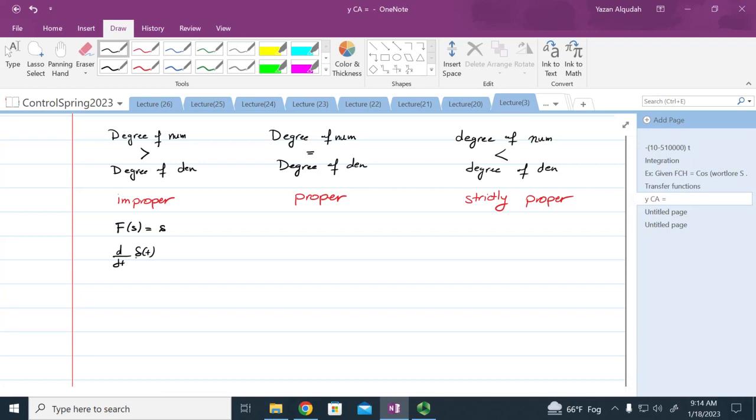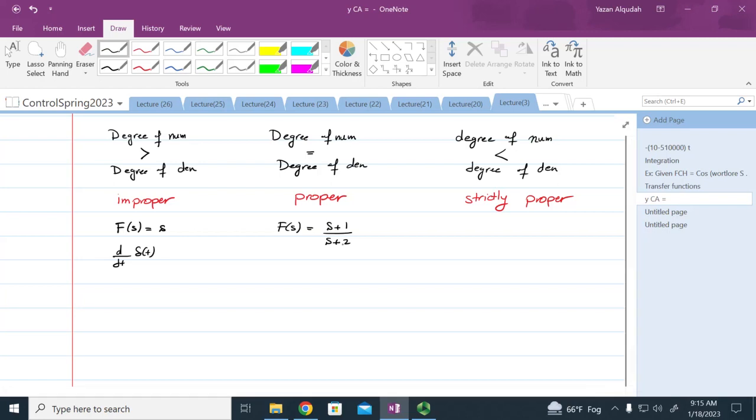The differentiation property is going to give me an s. What is an example of a proper transfer function? s plus 1 over s. Very good. We'll take that. F of s equal to s plus 1 over, let's make it s plus 2.